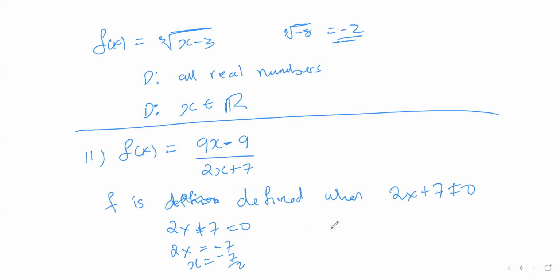So therefore, our domain is all real numbers except -7 over 2. X can be any real number, but x cannot be -7 over 2, because whenever x is -7 over 2, our denominator will be 0, which will make division by 0 not possible.